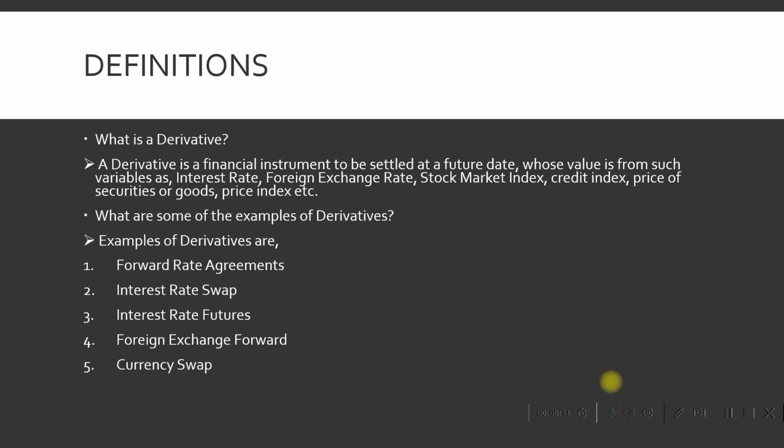Next, we'll take a look at what is currency swap. Currency swap is an interest rate swap where the two legs of swap are assigned in different currencies and the parties agree to exchange currencies at the prevailing spot exchange rate with an agreement to reverse the exchange of currencies at the same spot exchange rate at a maturity date.